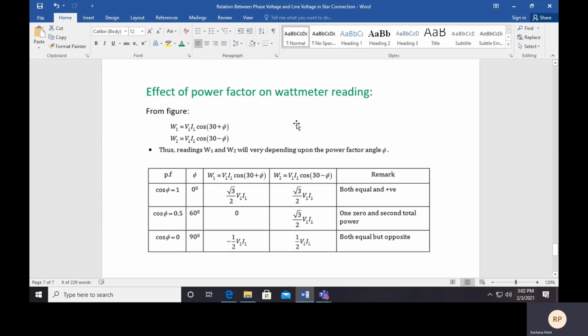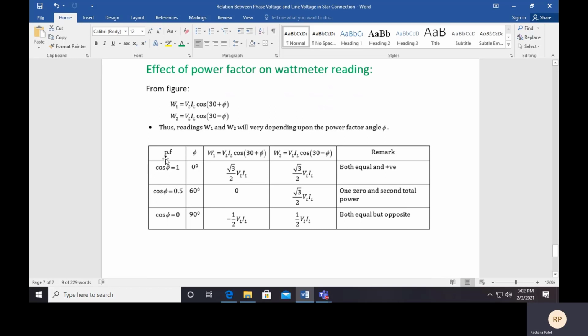Let me check the effect of power factor on the wattmeter reading. It means from the wattmeter reading you can predict the power factor. Let's consider three different cases of power factor: unity power factor, 0.5 and 0. With these values, the respective values of phi are 0, 60 and 90.